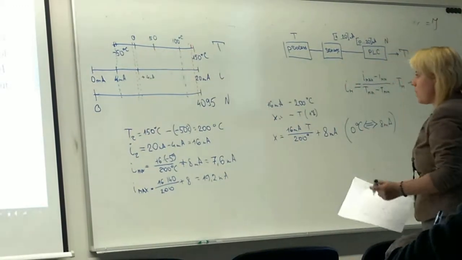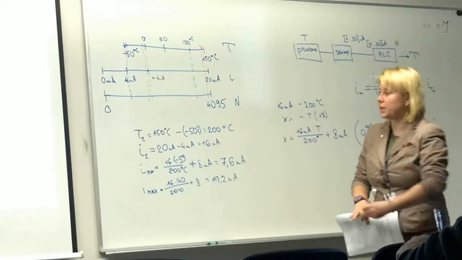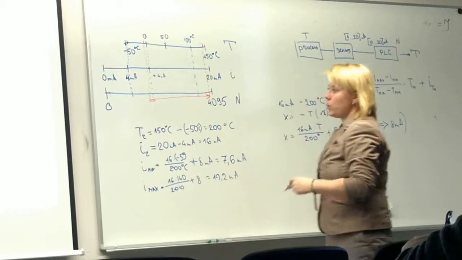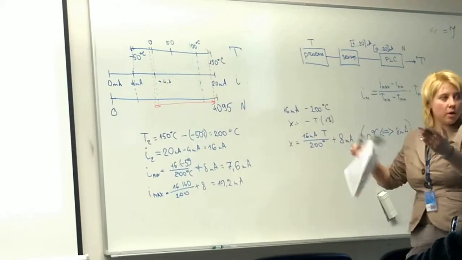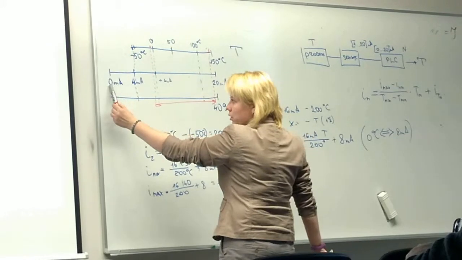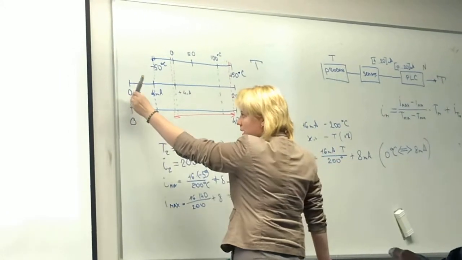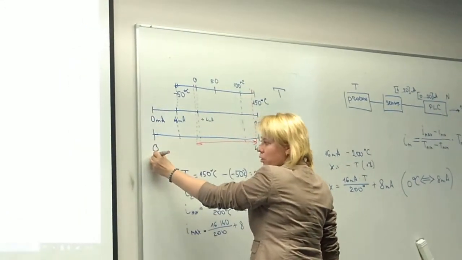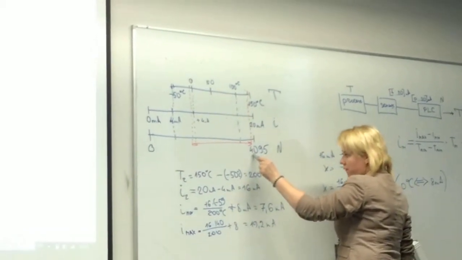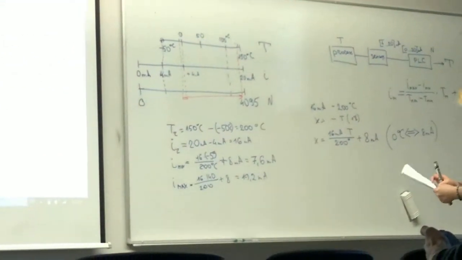As you can see here, the real values that can be obtained by our PLC are inside this range only, but we should use the whole span, because our input reacts to signals from 0 milliamperes to 20 milliamperes. That means the smallest integer will be 0, and the highest integer will be 4095.